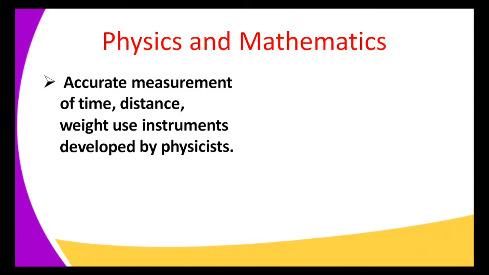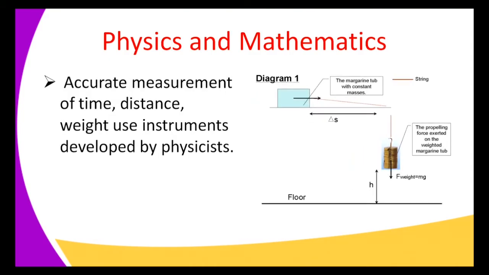So these quantify the dimensions and quantities that are now applied in mathematics to explain situations. So this one relates physics and mathematics. And this diagram can help us here. Like in this case, when an object is moving, it has to cover this distance s, therefore a change in displacement s, and then we have another object falling down here due to its own weight.